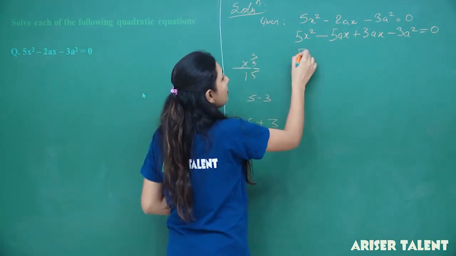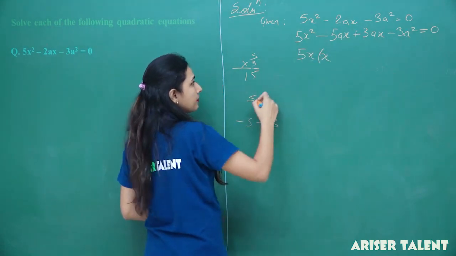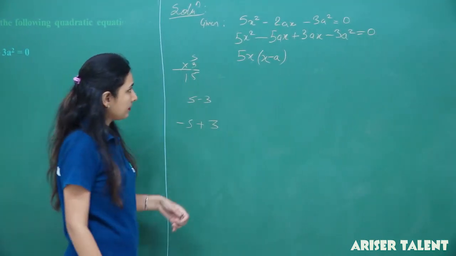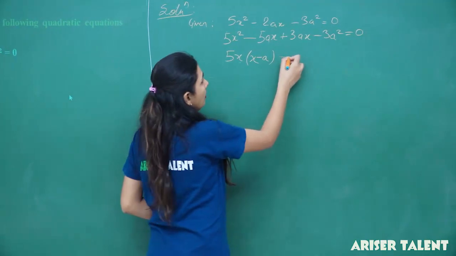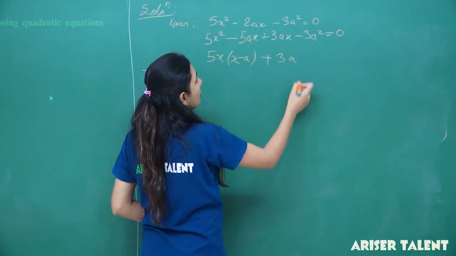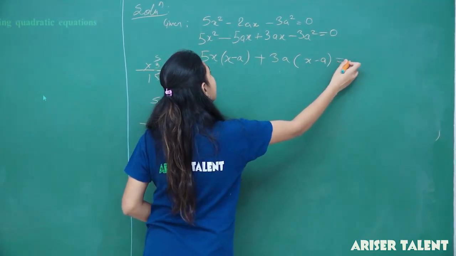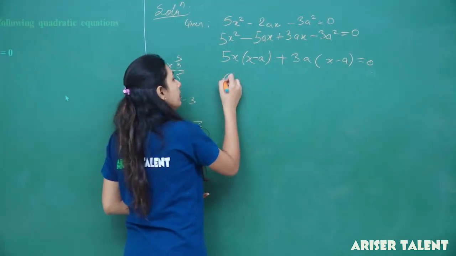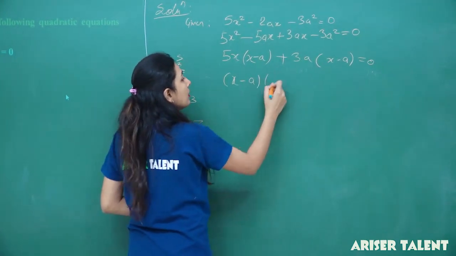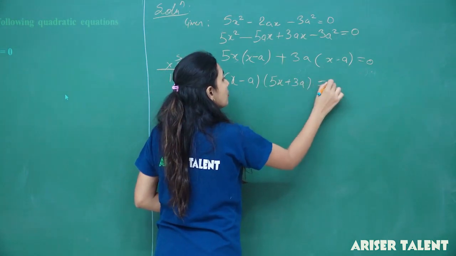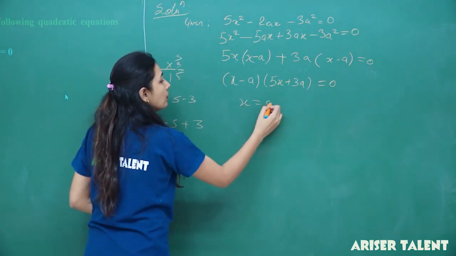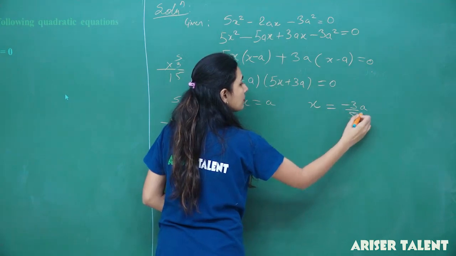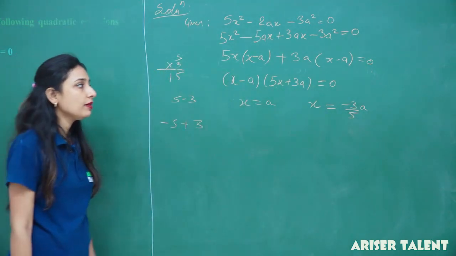So students, that will be 5x common, x minus a, plus 3a common, x minus a. Again we are having common factors. So we have reached the stage. So students, what will you have? x equals a, and from there x equals minus 3 by 5a.